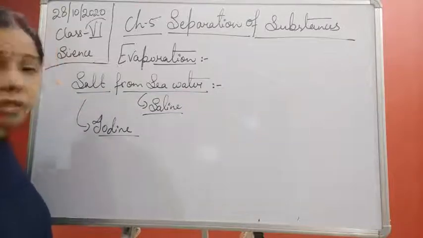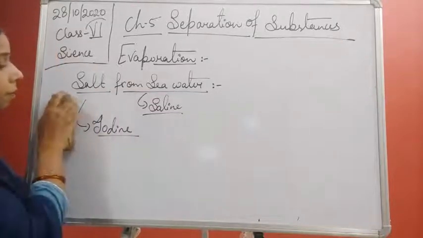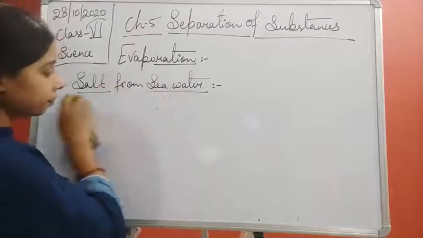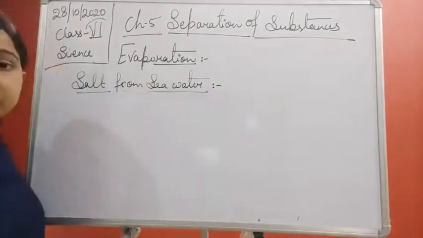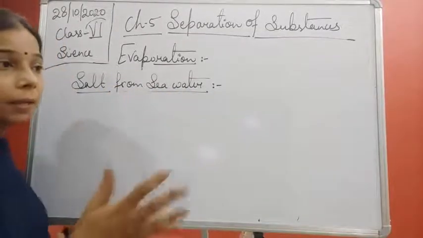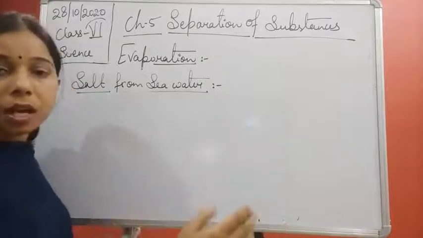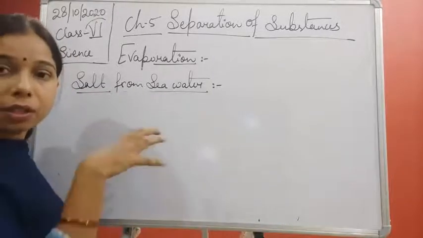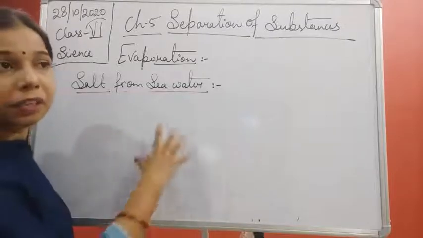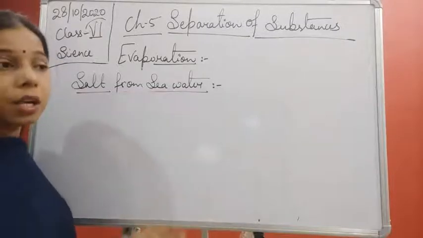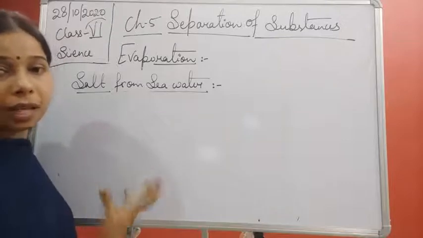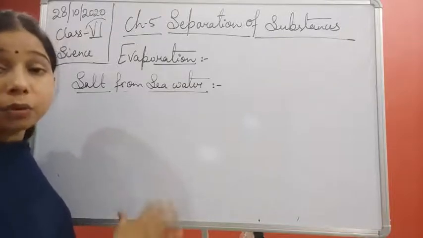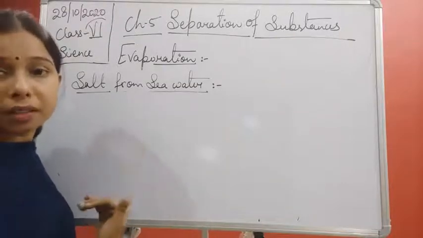So how can you separate the salt? Basically, seawater is collected in small pits that are dug, and the water is exposed to sunlight.